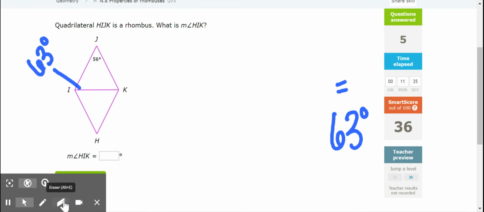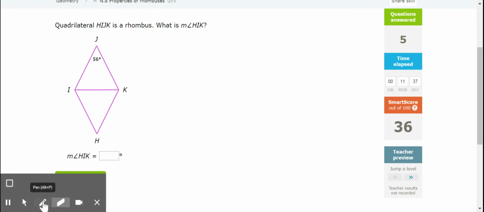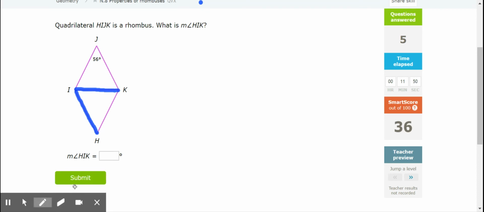Okay, so we have another rhombus. This question is asking for the measure of HIK. Let's work with what I do know. I know that because this is a rhombus, its opposite angles are congruent.